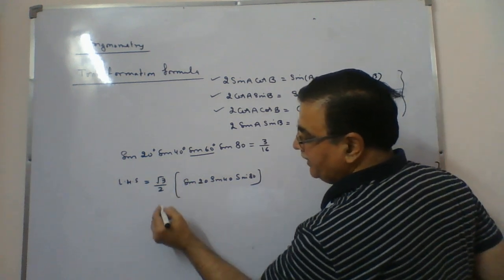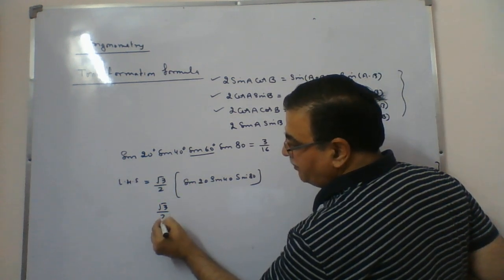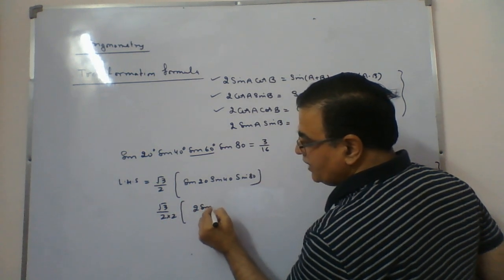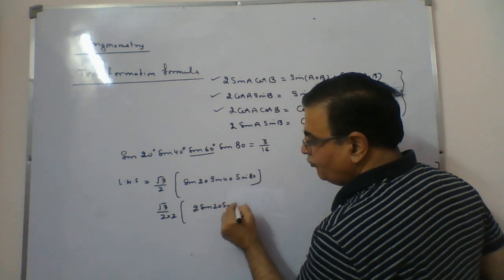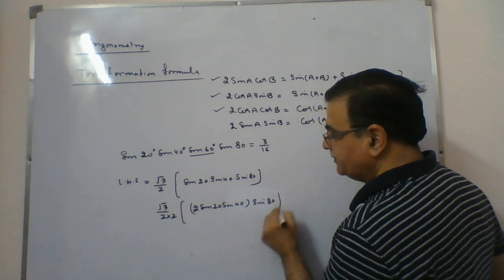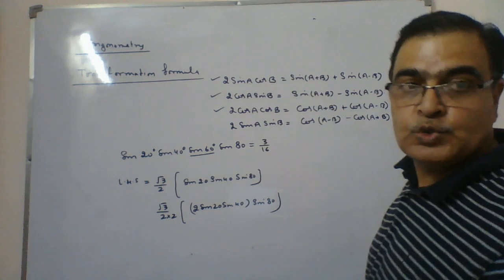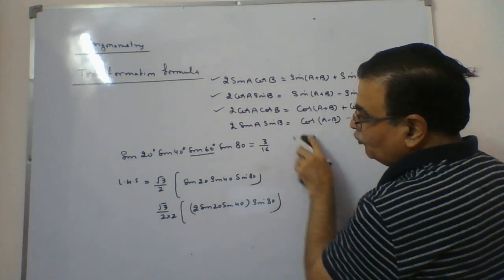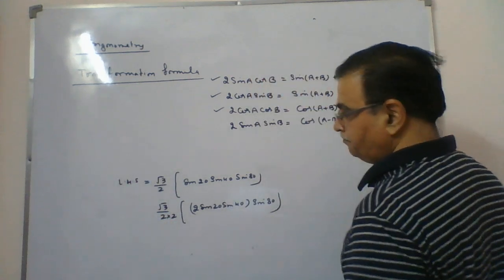Again we will multiply it by 2 and divide it by 2. So it comes out to be 2 sine 20 sine 40, and here sine 80. 2 sine A sine B, what does the formula say?